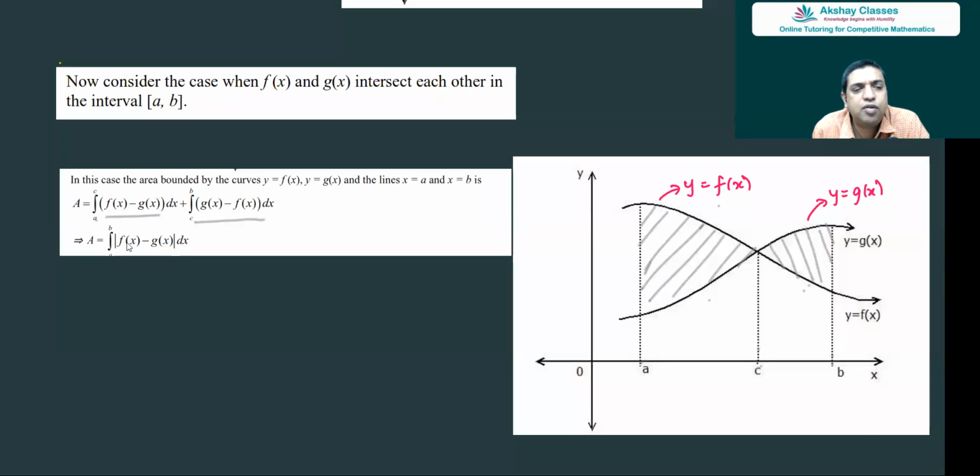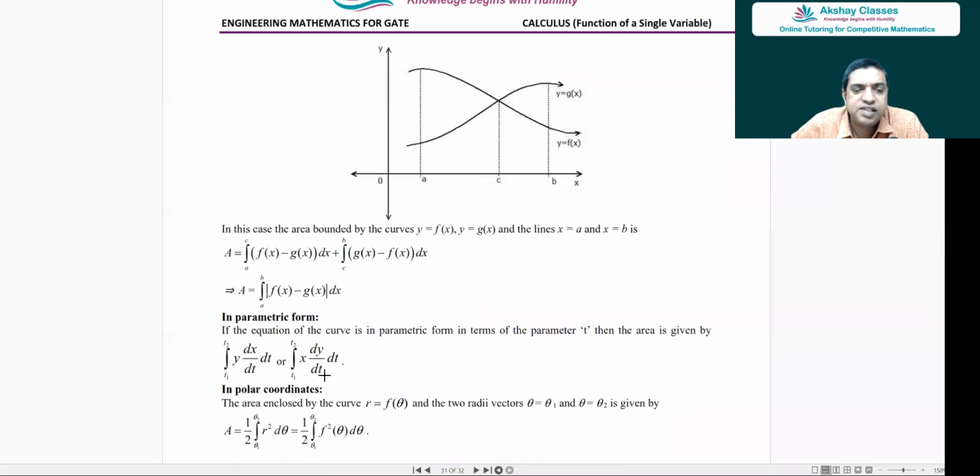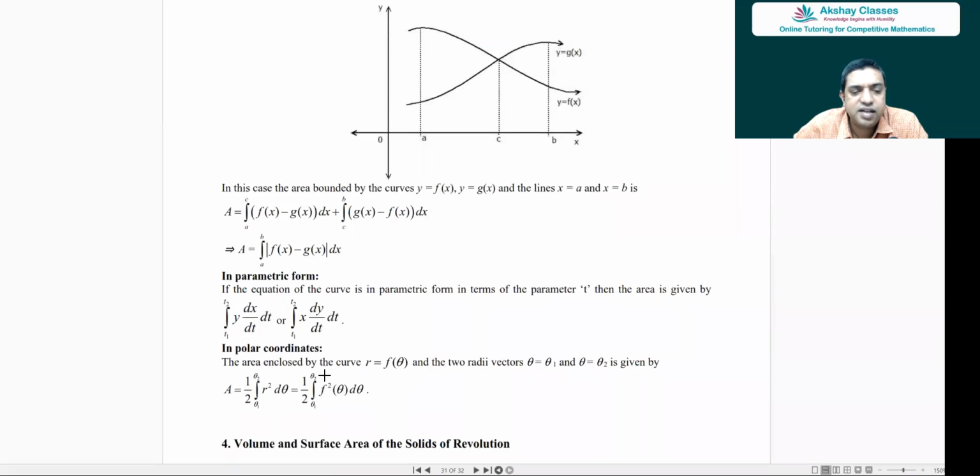This will take care of whether f of x is greater or g of x is greater. When we take the modulus, it takes care of both. So we can find the area by using this integral, irrespective of whatever it is. Whether the curves are intersecting or not intersecting, just take the upper curve minus the lower curve.